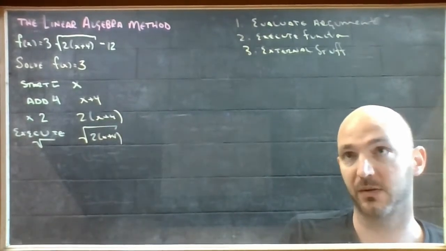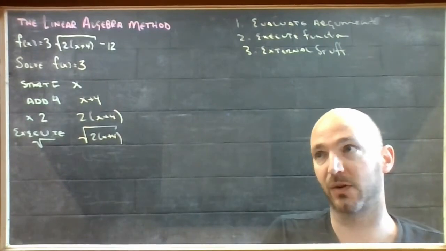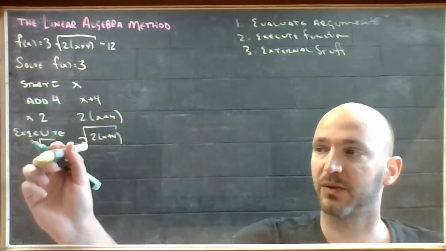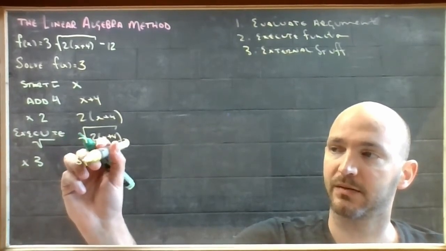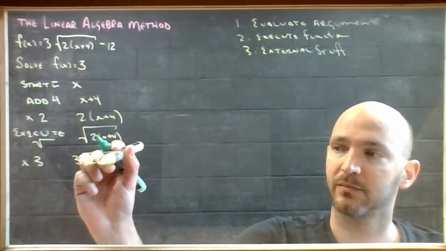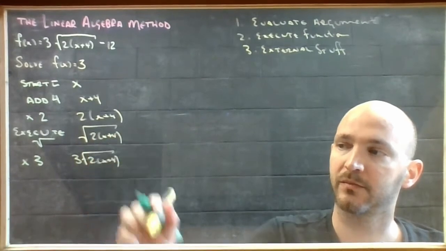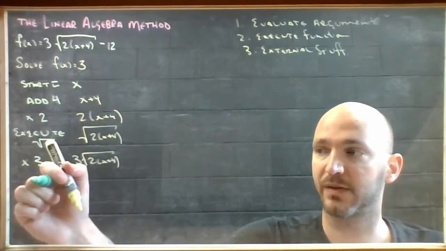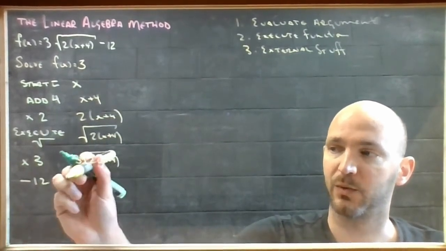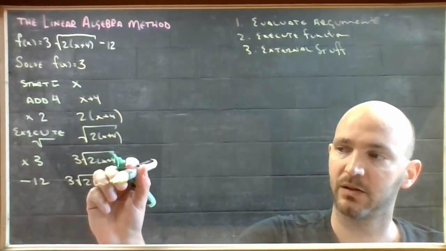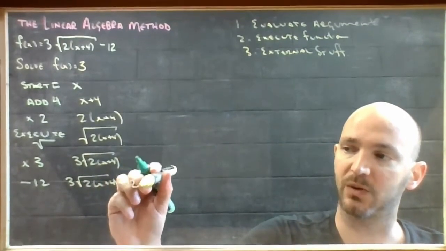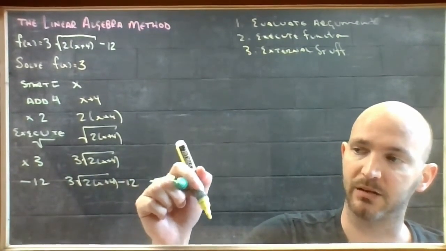Once you'd executed the square root, we start applying the external stuff, which means you would have had to multiply by 3, giving you this. And then finally, you would have subtracted 12, which would have given you this full thing, which we've recently been told is worth 3.